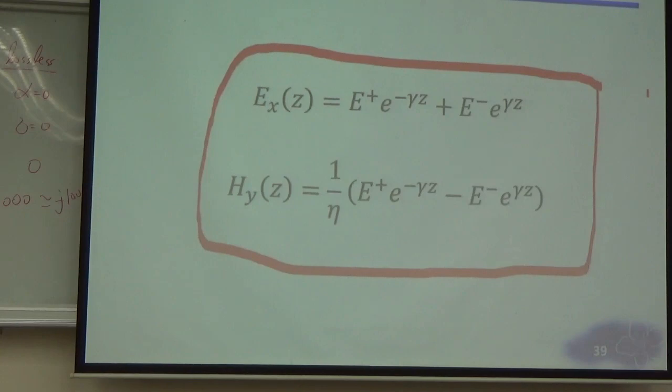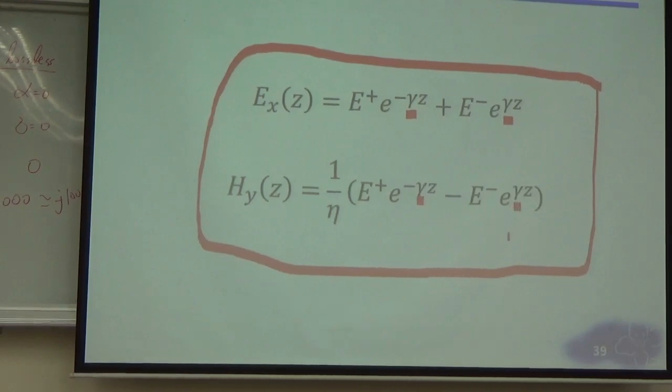Finally, we got a general case. These are the lossy wave equations. A little bit different, but maybe not so hard to understand, right? Now it's alpha, not j beta, it's just alpha.